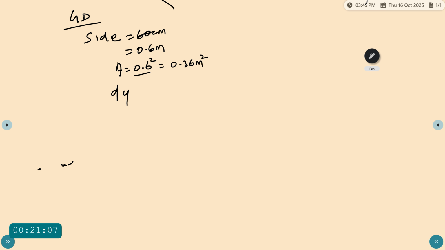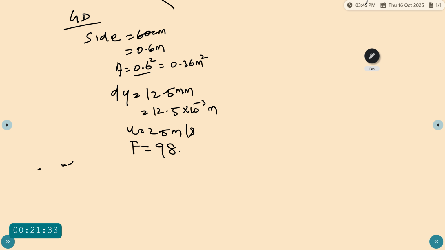The distance between the two plates is 12.5 mm, given in mm. So convert the mm into meter by multiplying it with 10 power minus 3. The velocity is given as 2.5 meter per second, and the force is 98.1 Newton. Our task is to determine both the viscosities.